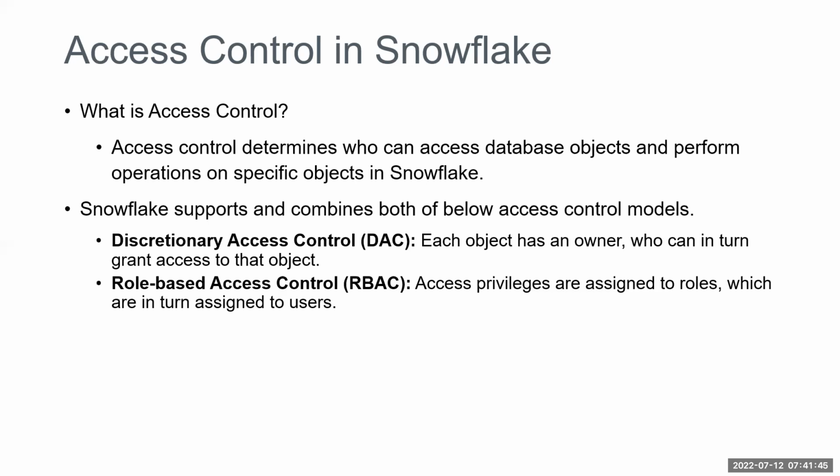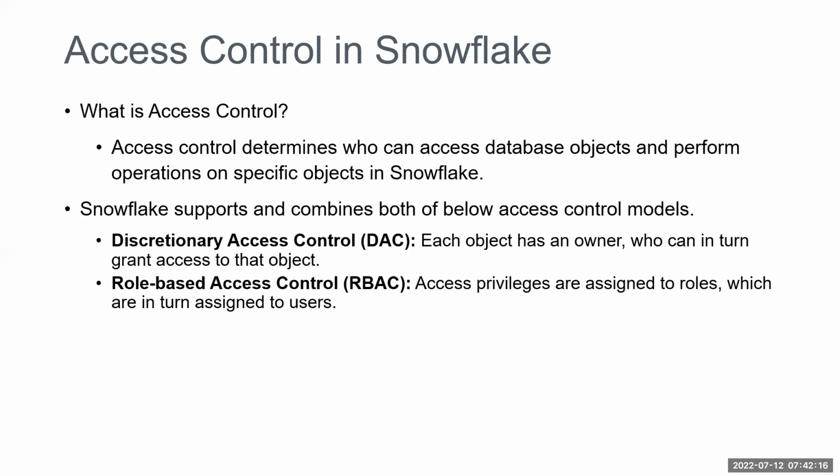So instead of granting select or delete or insert permissions to the users directly, we will define some roles. Suppose a developer role, tester role, business analyst role, and for each role we'll assign the privileges. For developer we will assign all privileges, like select and insert. For business analyst, we will specify only select privileges. And then we will add users to those roles.